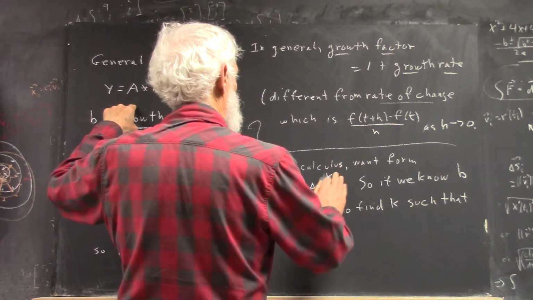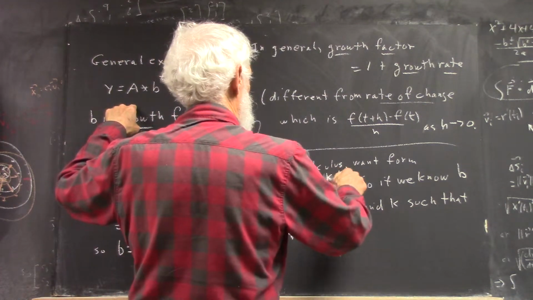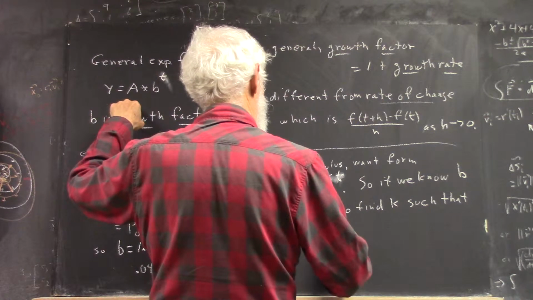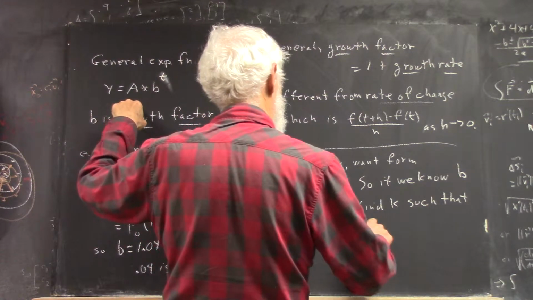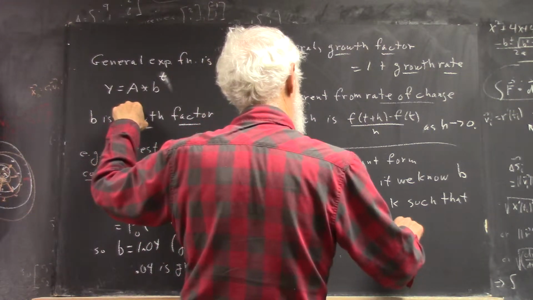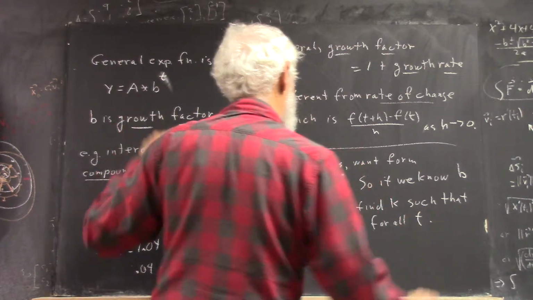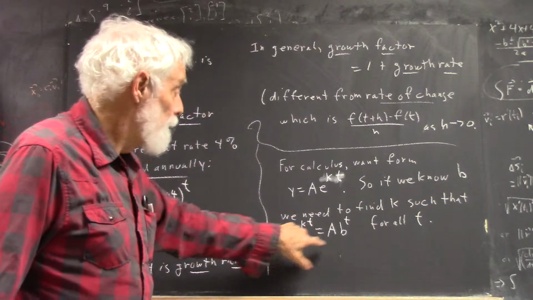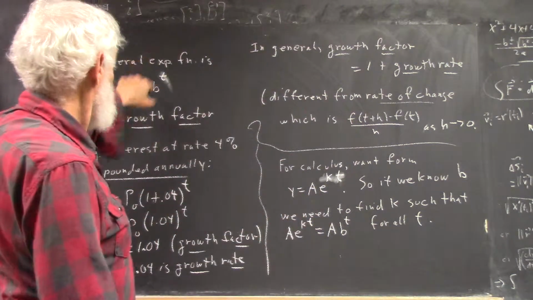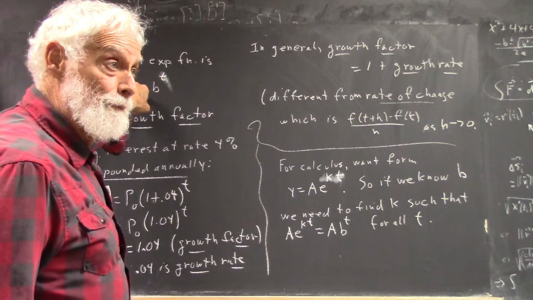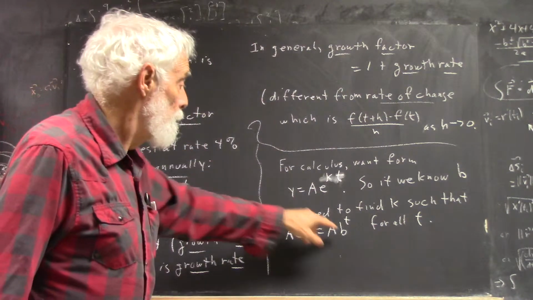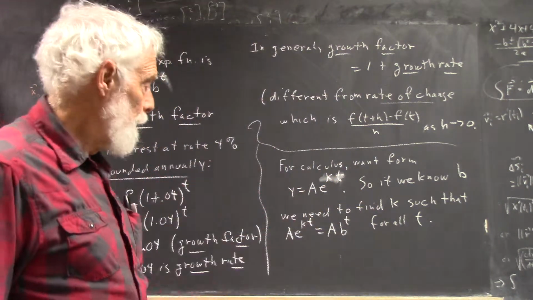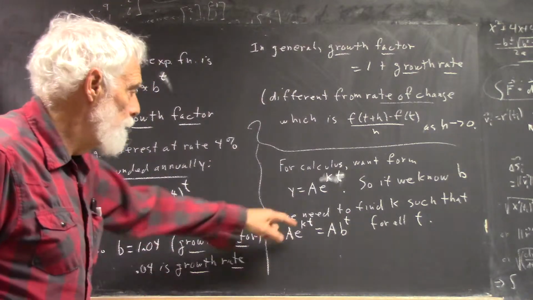And I'm using t instead of x. I keep writing x out of habit. So for all t values, we want this to equal this, because if this equals this, then this model is the same as this model. And if we know k, we could find b, and if we know b, we could find k. What do you do with this equation if you want to find k?